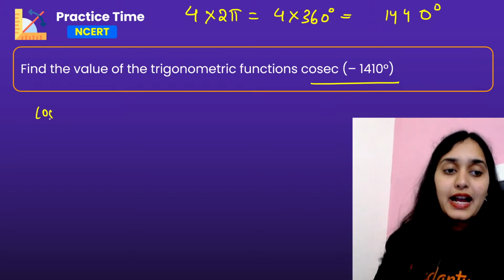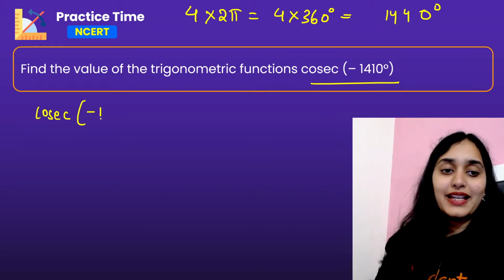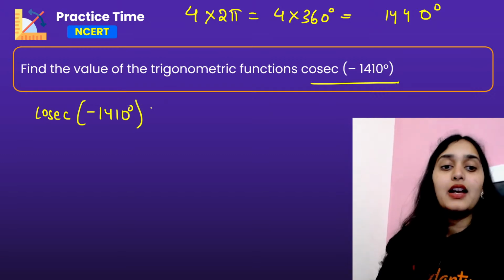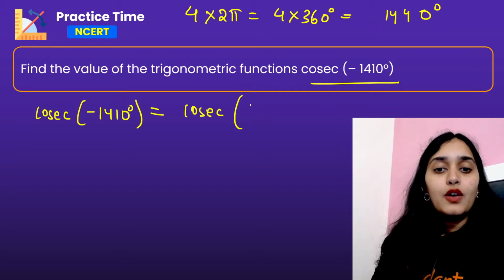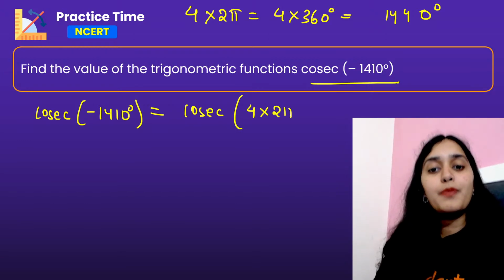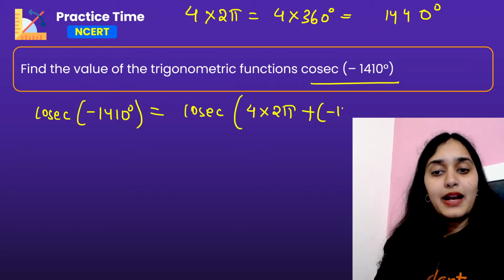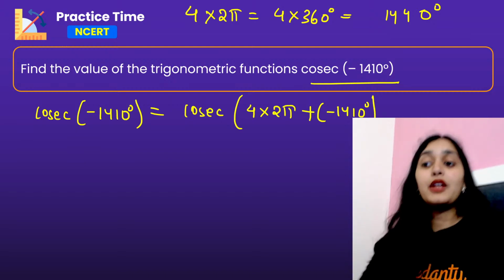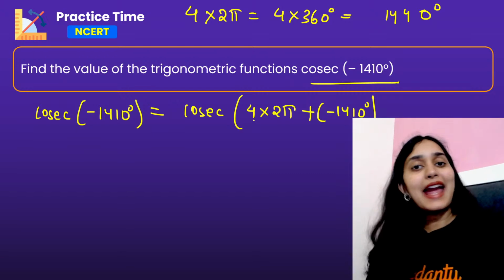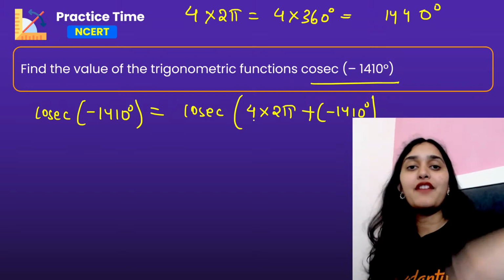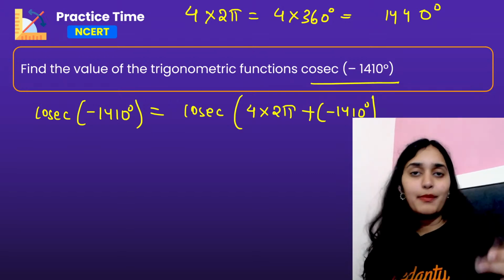Now we know that cosec minus 1410 degree can be written as cosec of 4 times 2 pi plus minus 1410 degree, because cosec repeats after every 2 pi. So we can add 2 pi, 4 pi, 6 pi, 8 pi, multiples of 2 pi.